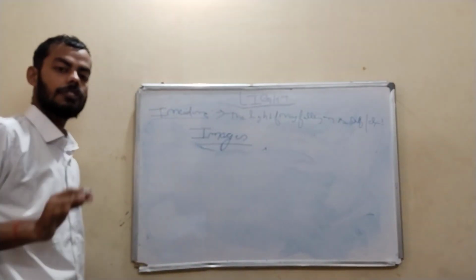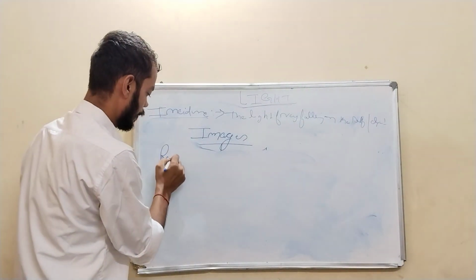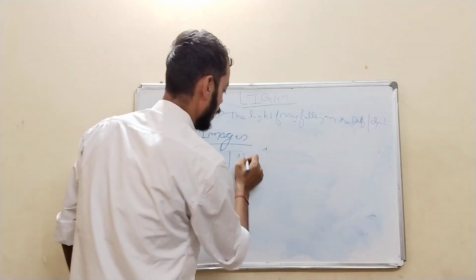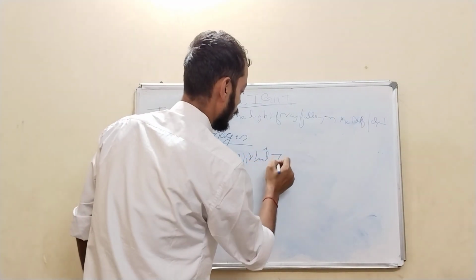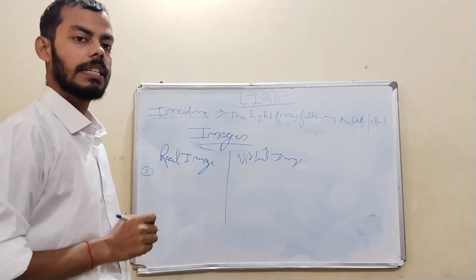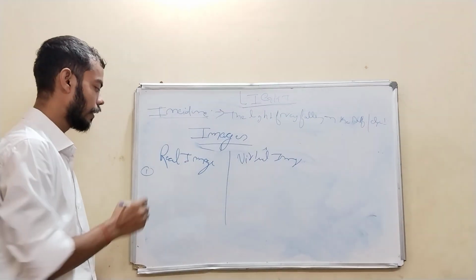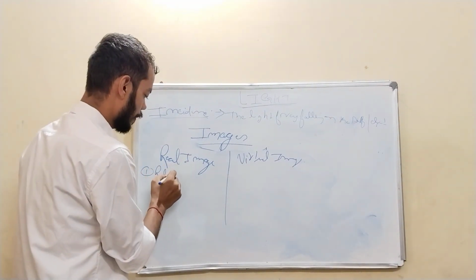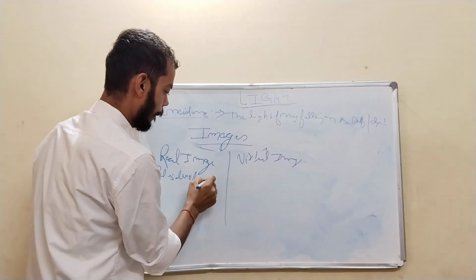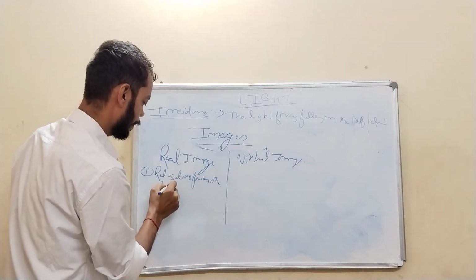The basic characteristics of the real image: see the difference between the real image and the virtual image. The first basic difference is that a real image is always formed on the screen.